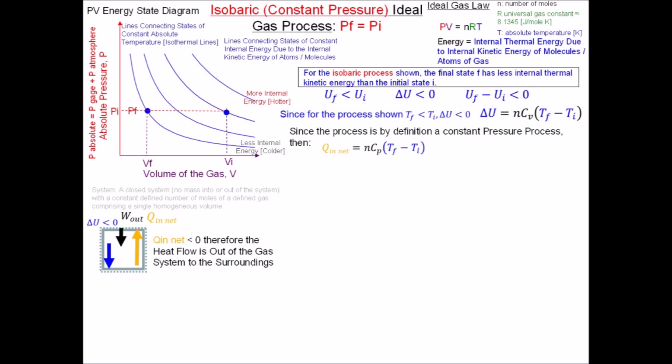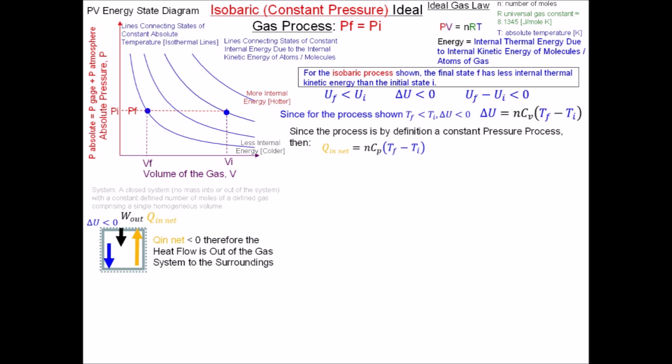It's going from the initial state I to the final state F. We're following a path along that dashed red line in the PV diagram, where at every intermediate state we're at a constant pressure. So the molar specific heat at constant pressure, C sub P, comes into play only for this constant pressure process. And so the energy in terms of heat into the system is N times the molar specific heat at constant pressure, C sub P, times the delta T, which is the final temperature minus the initial temperature.